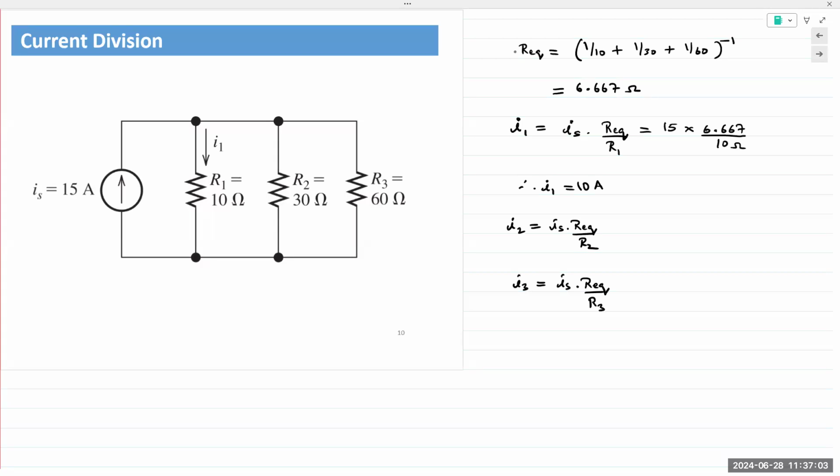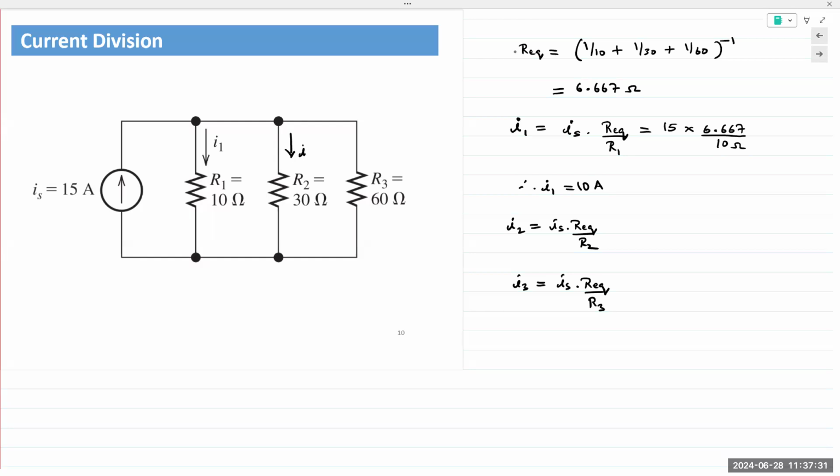Those are the equations. But if I wanted to verify my answer, I would look at the resistor values. R3 is, sorry, not 10 times, 6 times R1. 60 is 6 times 10. So the current I3 should be 1/6 of I1.